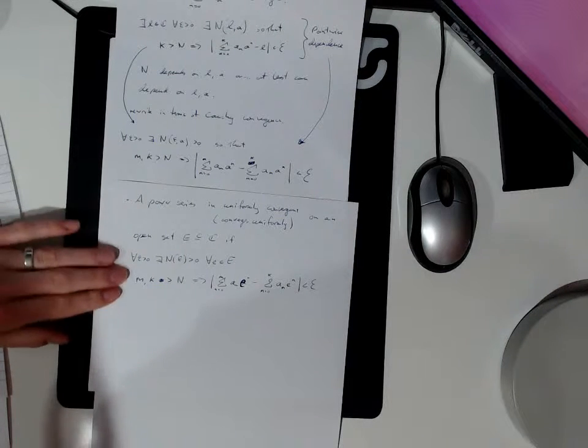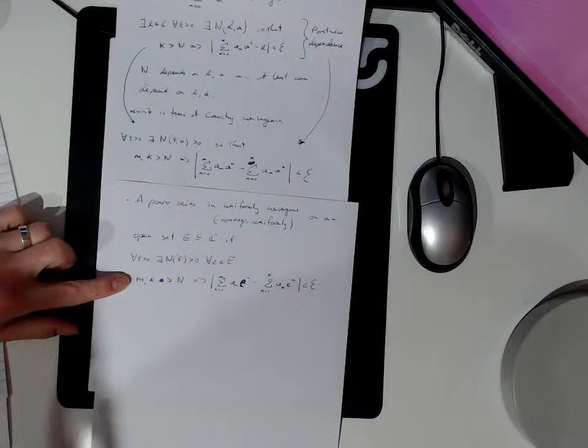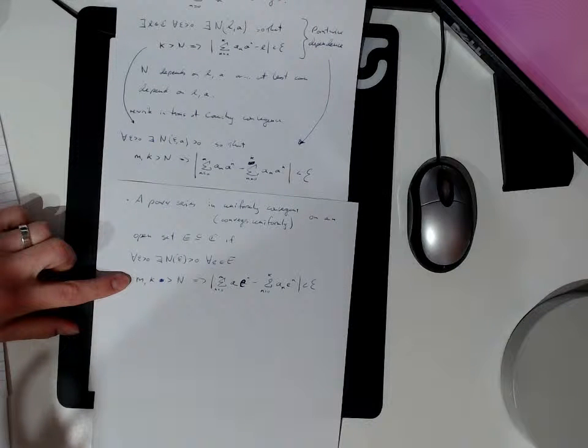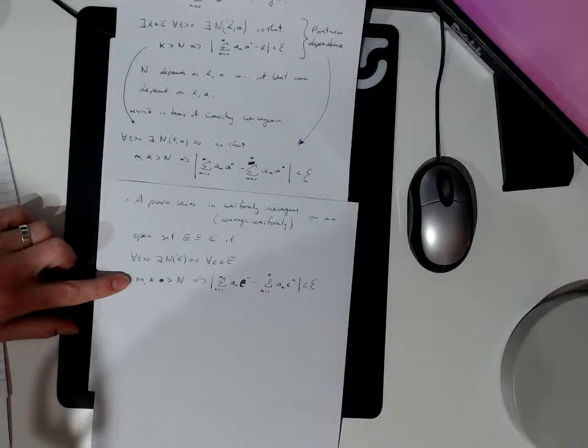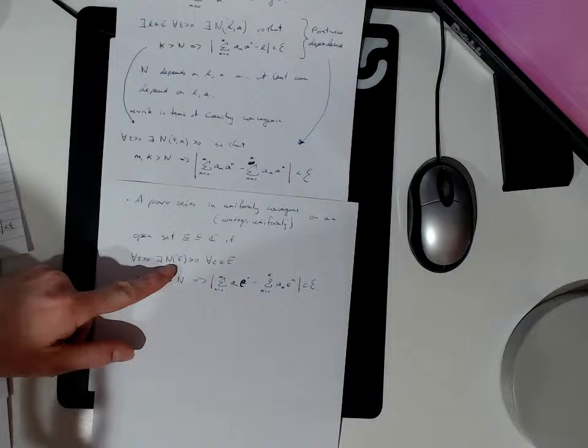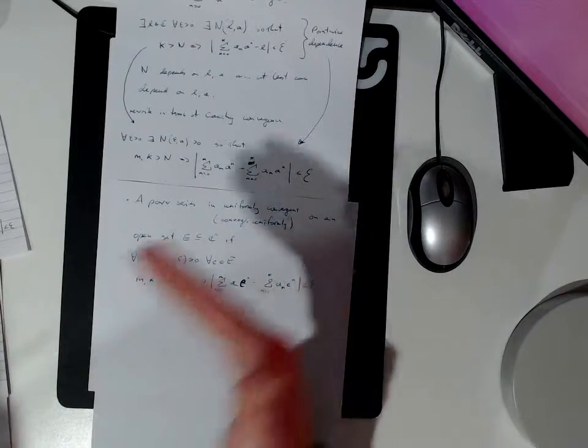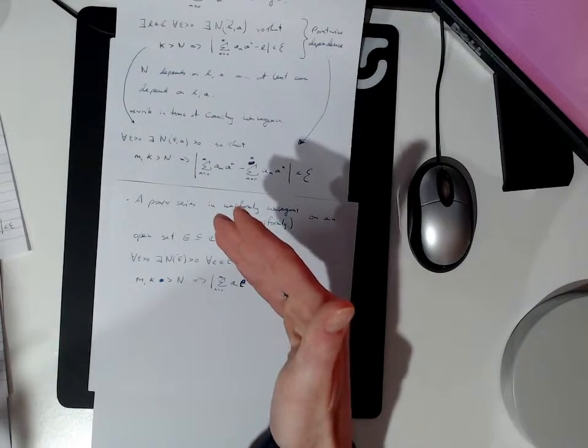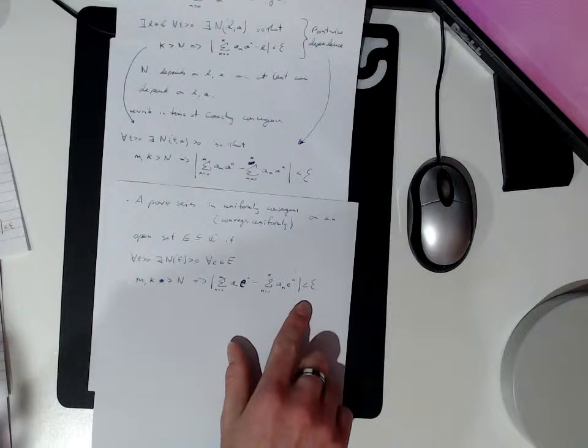One way to interpret this statement is, let me rephrase it, for any point in E, the power series converges at the same rate as the power series evaluated at any other point in E. And that's because the N, which describes the rate of convergence, tells you how far along the sequence we need to be in order to ensure that the difference of the partial sums is less than epsilon.